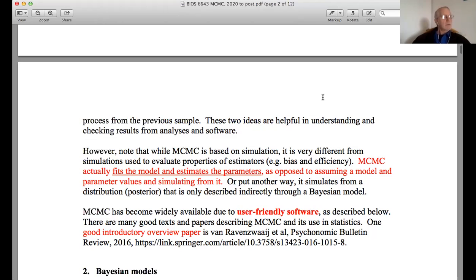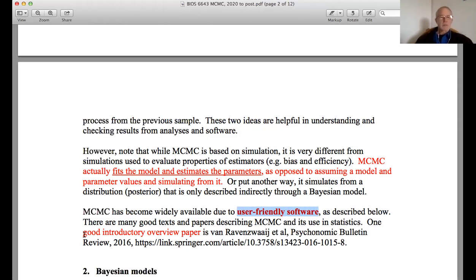And it was a pretty difficult slog because Markov chain Monte Carlo wasn't around at that time. And the methods for fitting those models were very painful. And I didn't need any more pain in my life. So I went in a different direction and really didn't come back to Bayesian analysis till about 10 years ago when Markov chain Monte Carlo became really common and some really nice algorithms became available. So the importance of this software can't be underestimated.